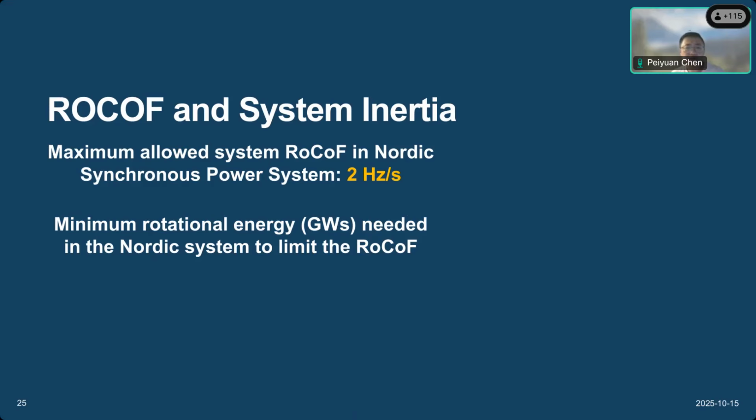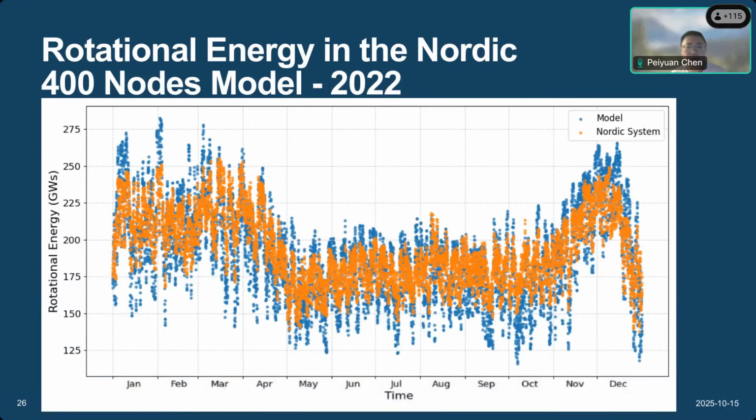And then in the next slide, we will show what we have in order to capture the frequency dynamics, based on this power flow model that we have developed. The first step we are trying to model is to check whether we have the right amount of kinetic rotational energy from the synchronous machines in our model, as compared to the actual measurements done by the Nordic transmission system operators.